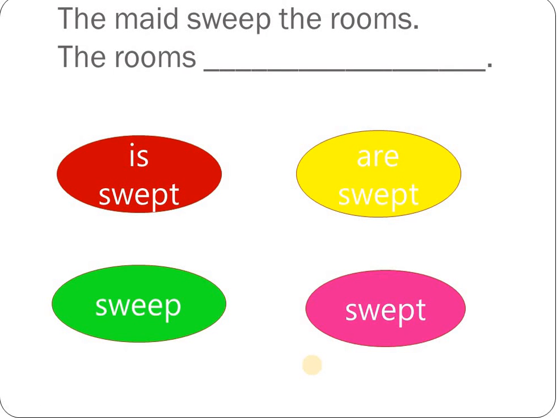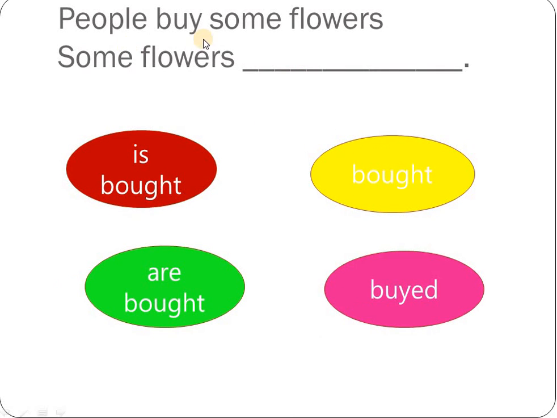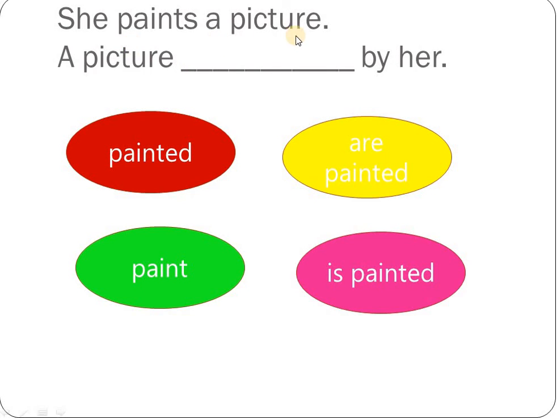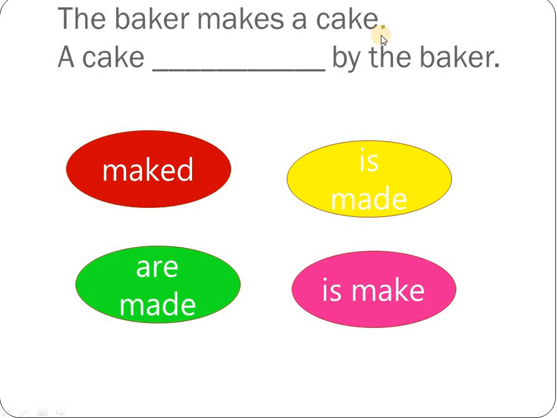I would like you to choose the correct option from the 4 options which are given here. The maid sweeps the room. The rooms. Next sentence. People buy some flowers. Some flowers. She paints a picture. A picture. The baker makes a cake.